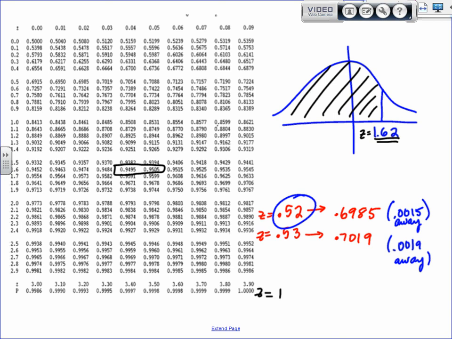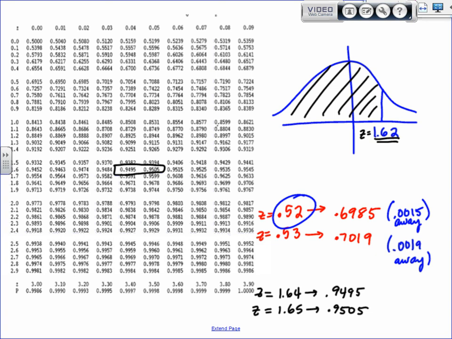A z-score of 1.64 gives you 0.9495. A z-score of 1.65 gives you a probability of 0.9505. Which one's closer? They're the same distance. They're both 0.0005 away.